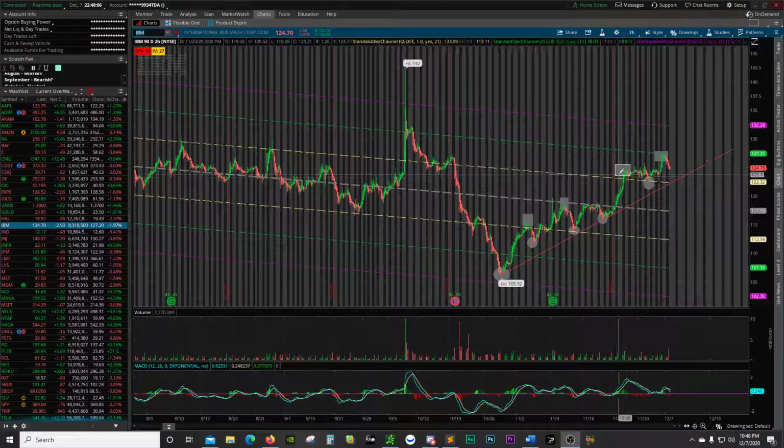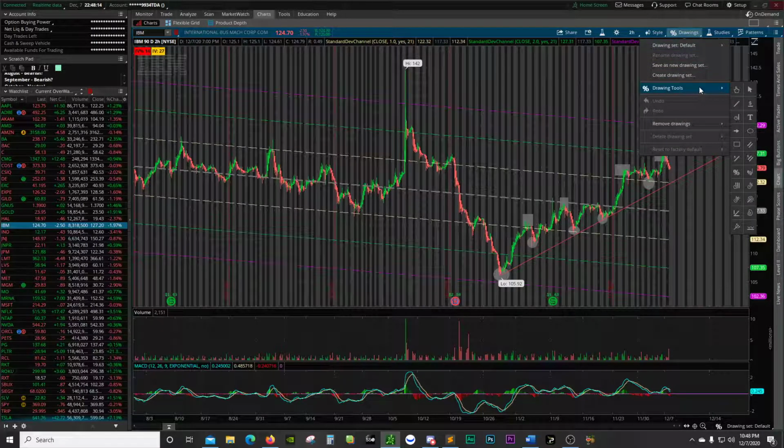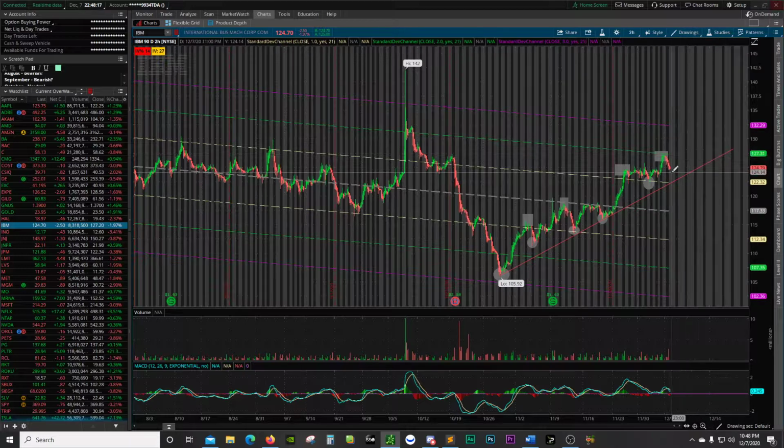Now, once that trend gets broken by, say, a lower low and then a lower high, something along the lines of this right here, that would be a lower high and a lower low. That is a change in trend direction, right?